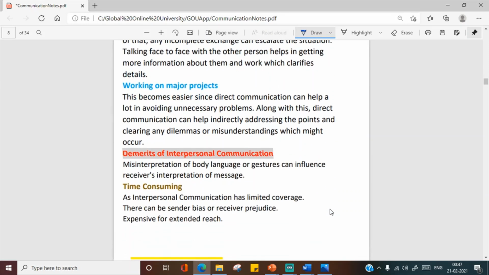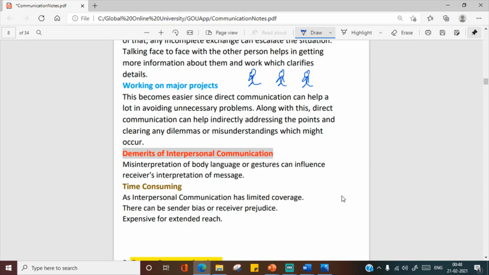Next is working on major projects. If you are working on a very critical project, when you talk to the other person, interpersonal communication is done, and unnecessary problems go away. Instead, you tell the information directly to the person. For instance, this is the hierarchy: there is a boss, then the manager, and then the team member.